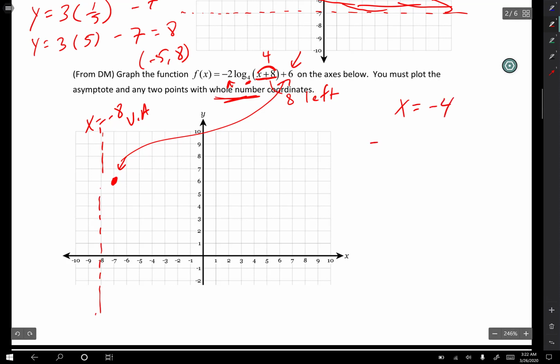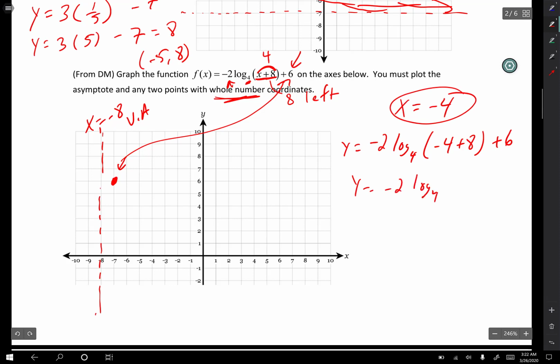So if I do that, let's see, negative 2 log base 4 of negative 4 plus 8, plus 6. Remember, I'm inserting x equals negative 4 into this. So y equals negative 2 log base 4 of 4 plus 6. Well, log base 4 of 4, that's just 1. See? So negative 2 times 1 plus 6. Negative 2 plus 6, well, that's just 4.